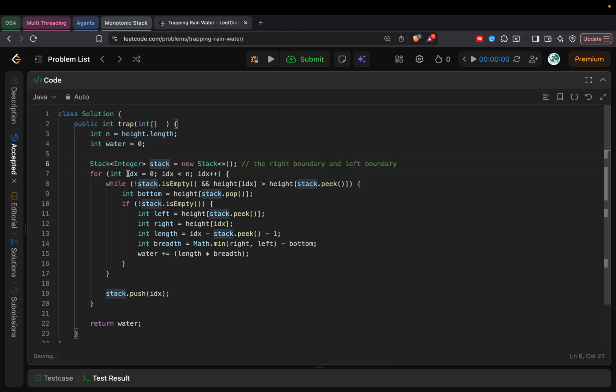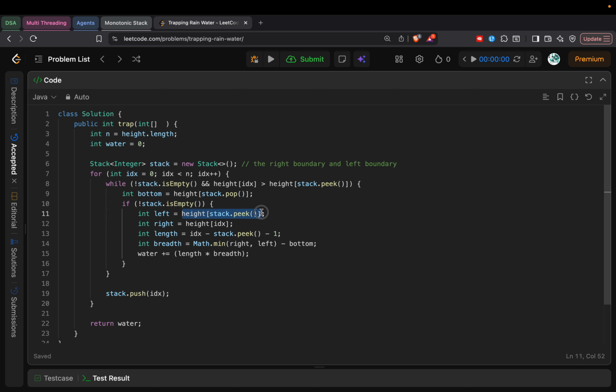So I will be taking the top of my stack and treat it as my bottom. Now if my stack is not empty after removing this particular top, that means there exists also a left boundary. So the left boundary is basically the top of my stack, which is the peek of my stack, right, and my right boundary is basically the current index's height.